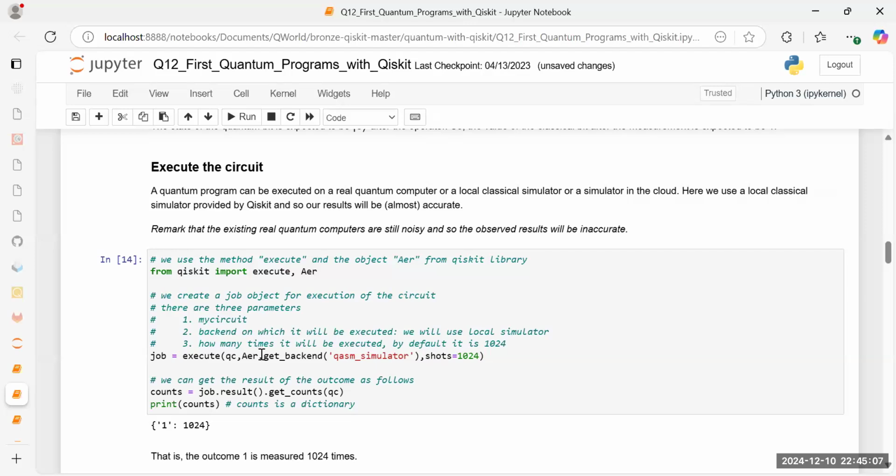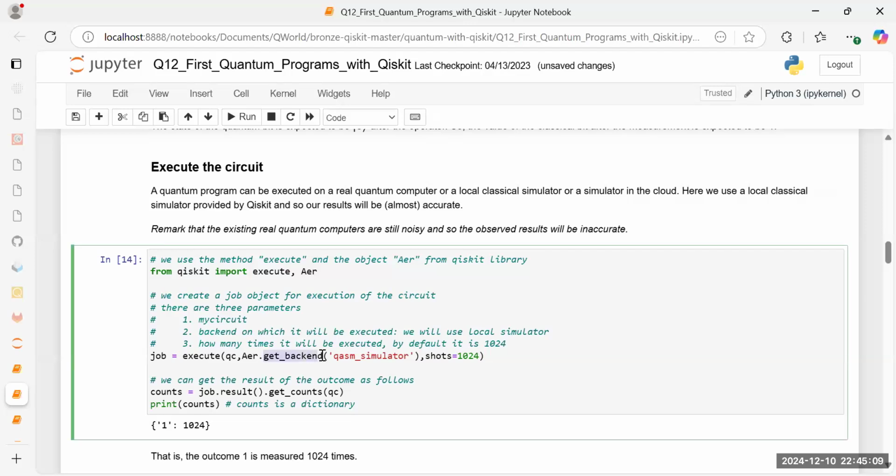Okay, so we're going to request a backend. You can think of the backend here as the computer that we plan on running our circuit. And in this case, I want to utilize the QASM simulator.